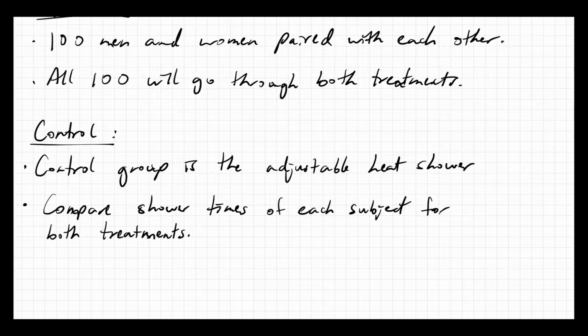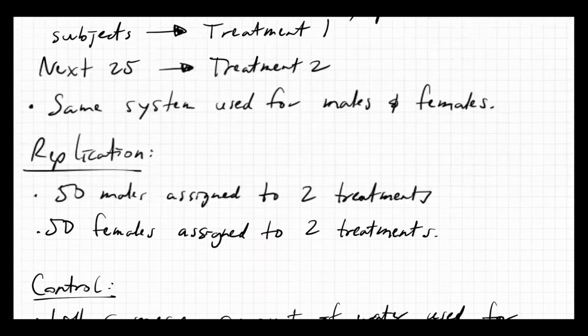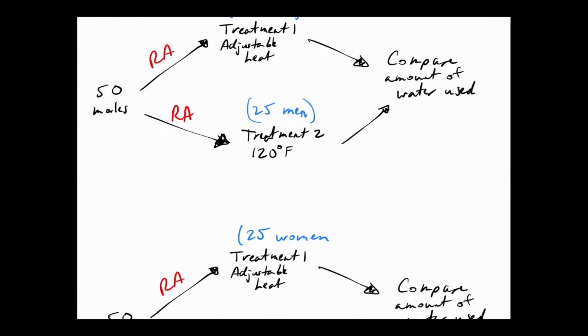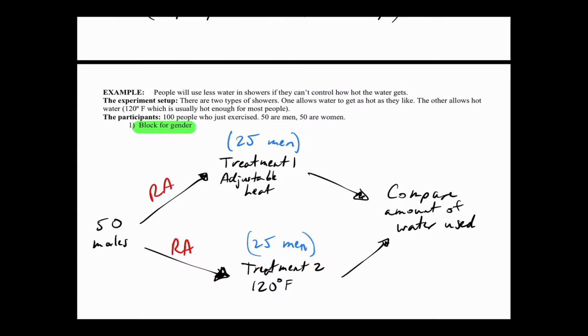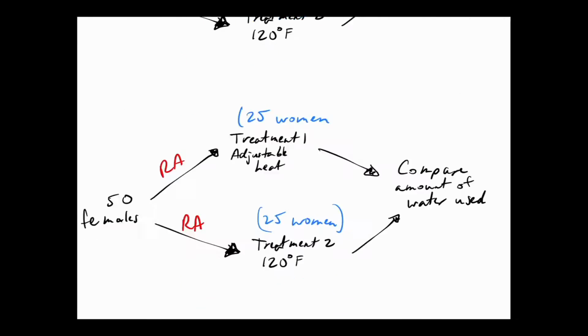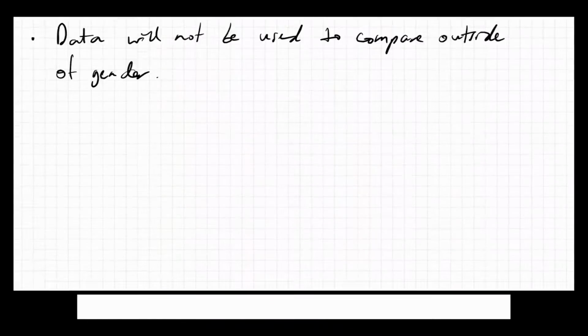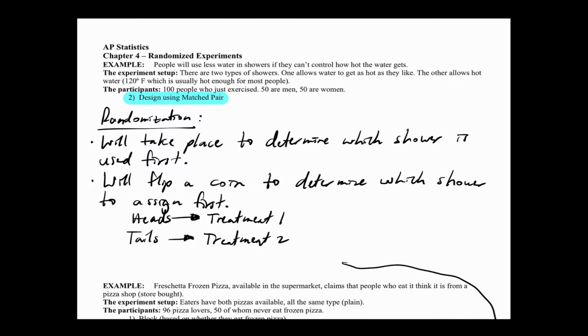It's a type of block, but it's different in that you're matched with yourself. So essentially it's a block because in this one I had 100 blocks. This guy here is a type of block design because I did 100 blocks.